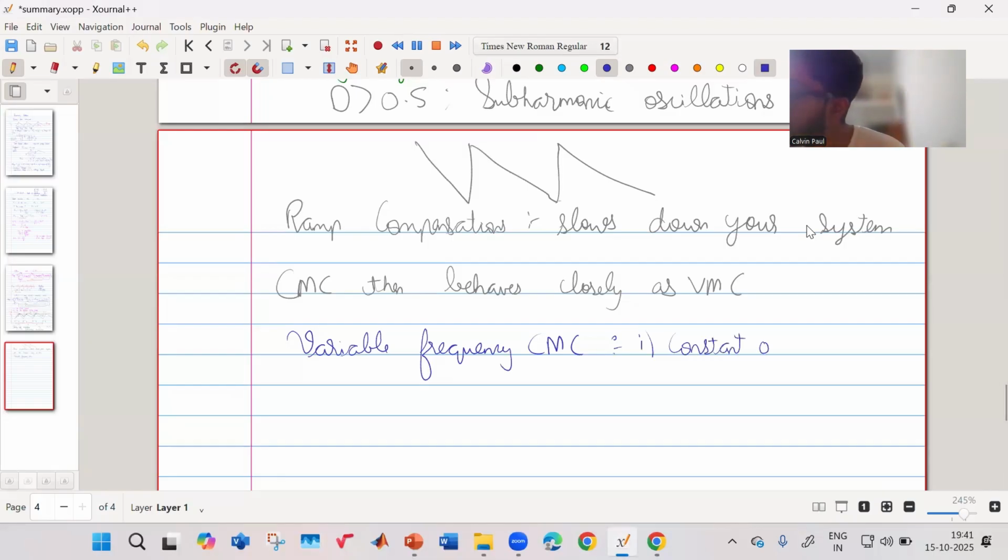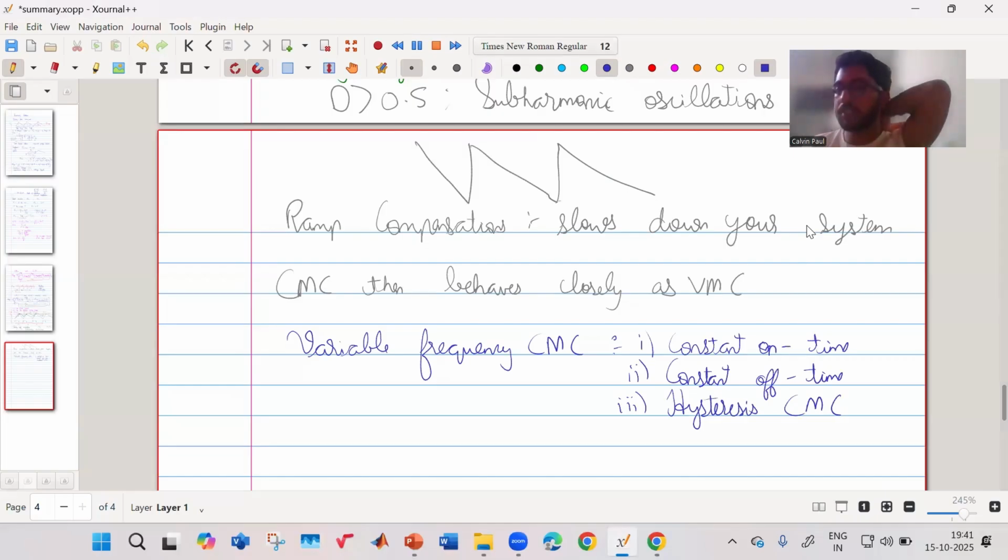One is your constant on time. Second is your constant off time. Third is your hysteresis current mode control. Okay, so these current mode control techniques are there.